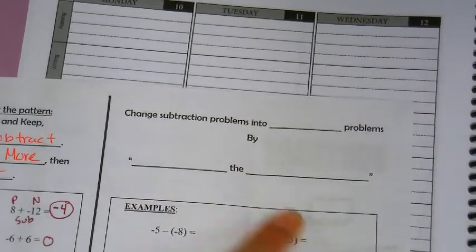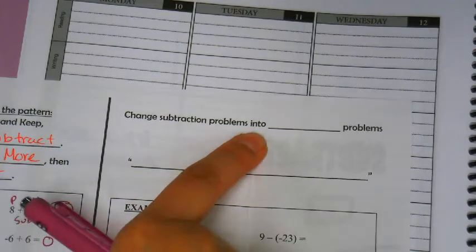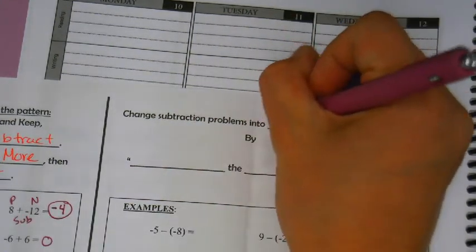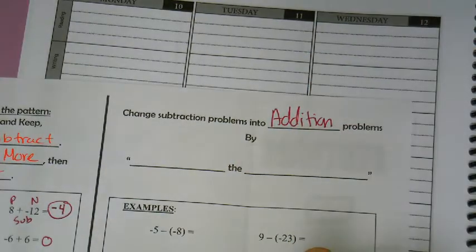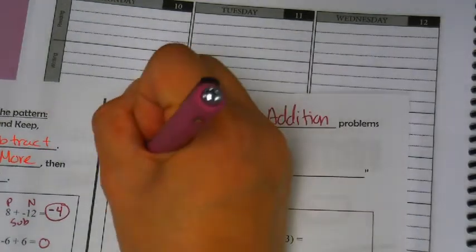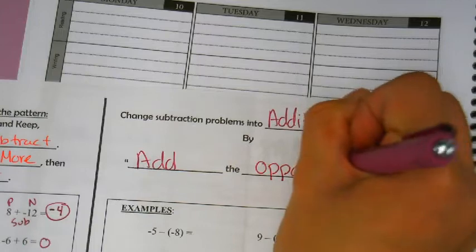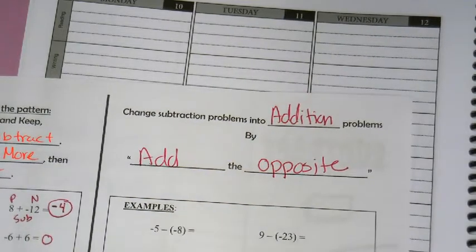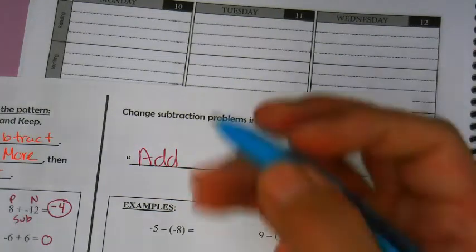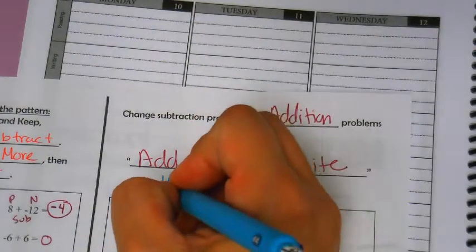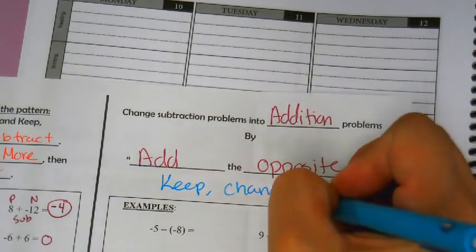Everybody knows. Okay, change subtraction problems into addition problems by add the opposite. Now, in high school, in 8th grade, your math teacher will say add the opposite. Your 7th grade teacher likes to do it extra, says keep, change, opposite.